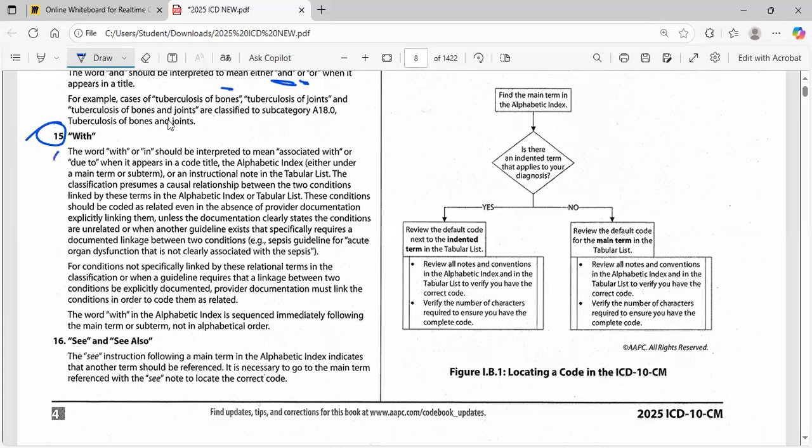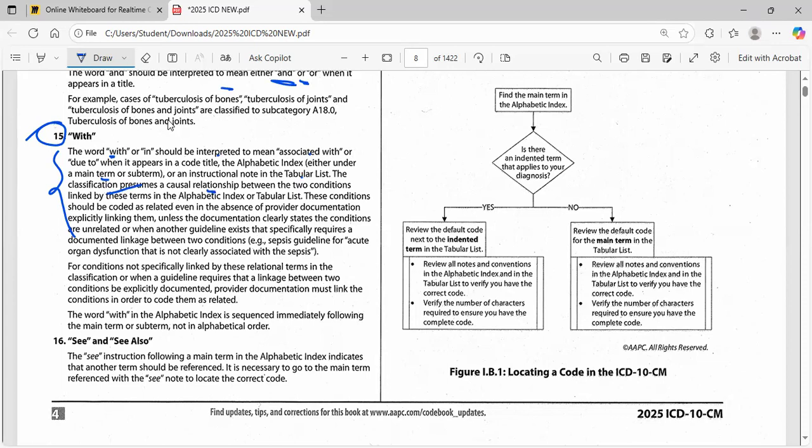So let's read the "with" term. It states that the word "with" should be interpreted to mean "associated with" or "due to" when it appears in the code title, in the alphabetic index, either under the main term or subterm. And we can see the instruction note also in the tabular list. We have to presume a causal relationship.